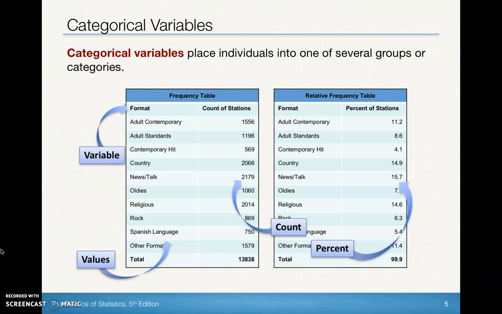It might be easier to just say 11.2%, because then if you collected data, say from a different city maybe, or a different country, and they had a different number of radio stations, let's say we were comparing Canada and the United States and their radio stations, it wouldn't be as helpful to just show the counts, because maybe there are a whole lot more radio stations in general in the United States than Canada. So instead we would show the percents, and that would be easier to compare the two distributions.